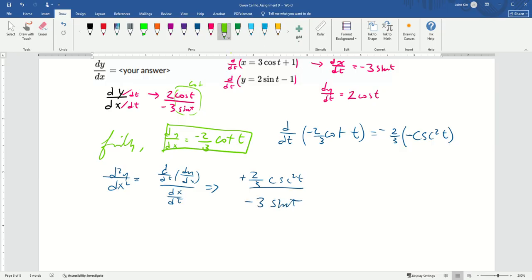What we're going to do here is simplify the coefficient first, because everything's being multiplied or divided. What is 2/3 divided by 3? Same thing as 2/3 times the reciprocal, 1/3, which is equal to 2/9. Don't forget there's a negative in front of the 3, so that becomes negative 2/9.